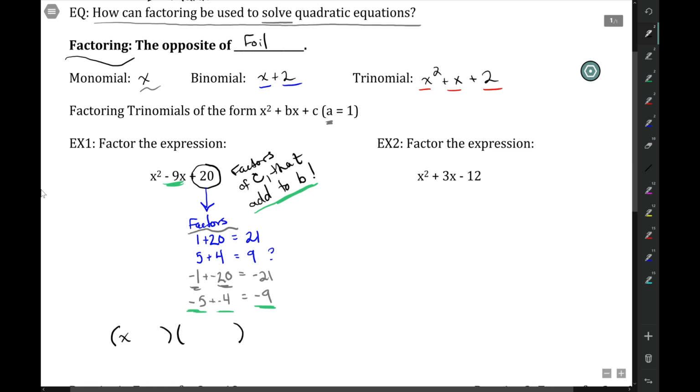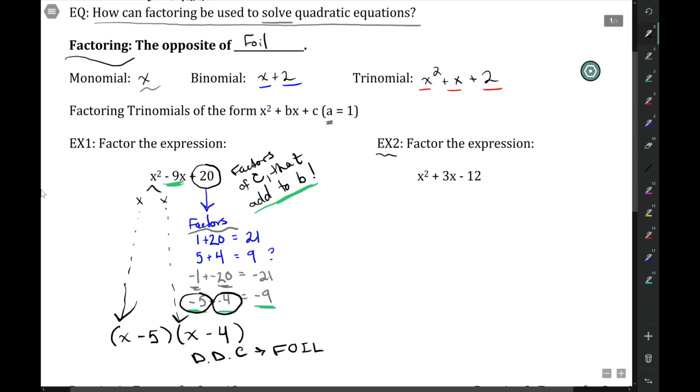We have x and x, because the factors of x squared are x and x. And we have our minus 5 and minus 4, and those are the factors. You can certainly double check at this point by using FOIL.